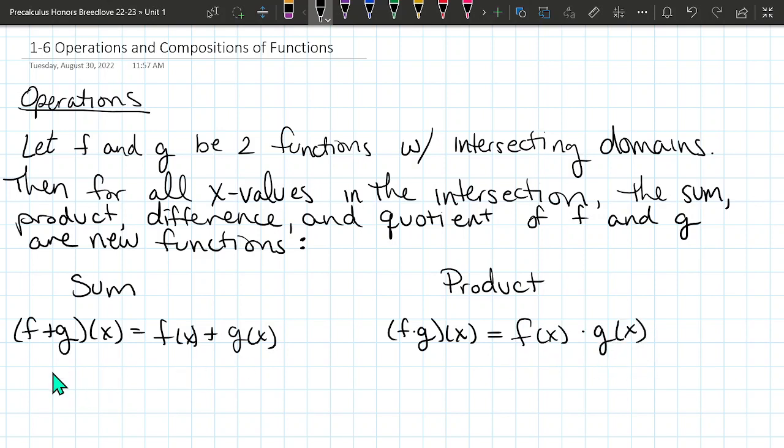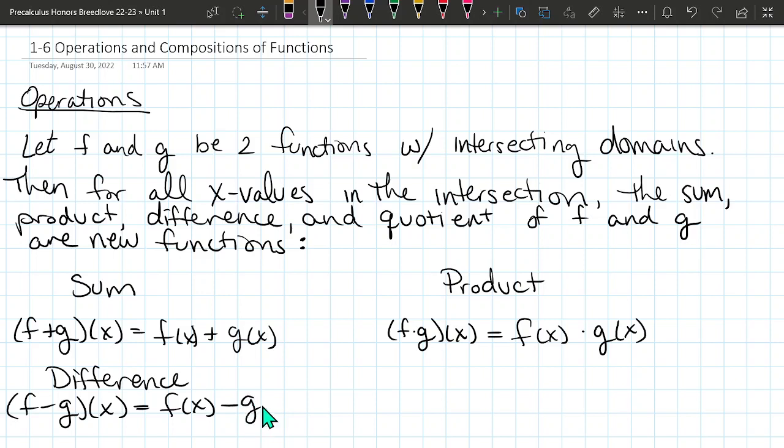And you have the difference, f minus g of x, which is f of x minus g of x.